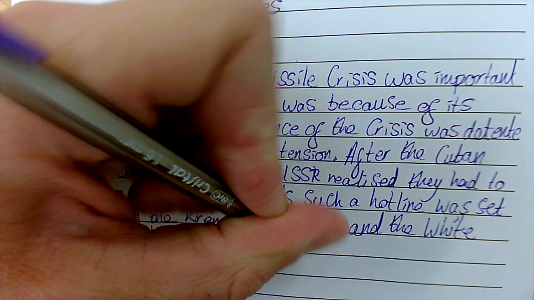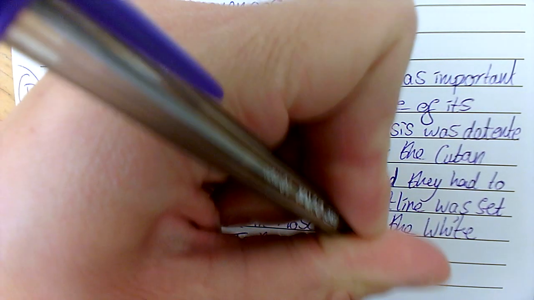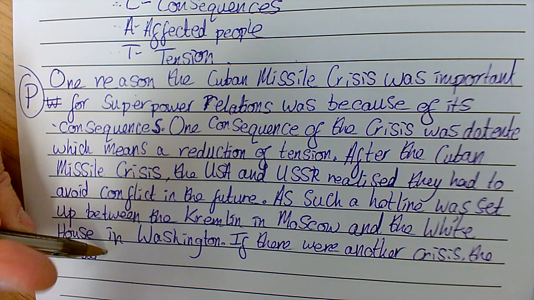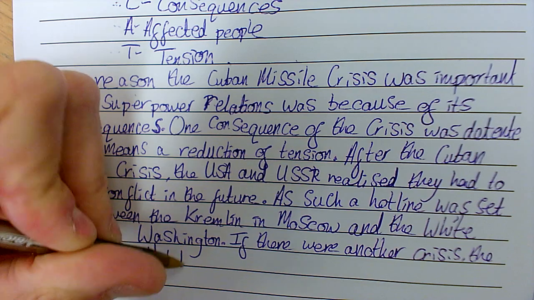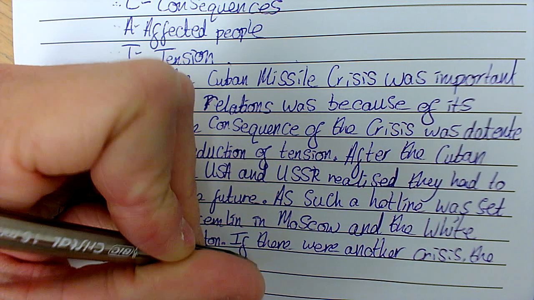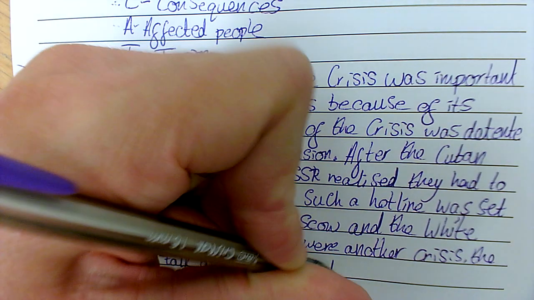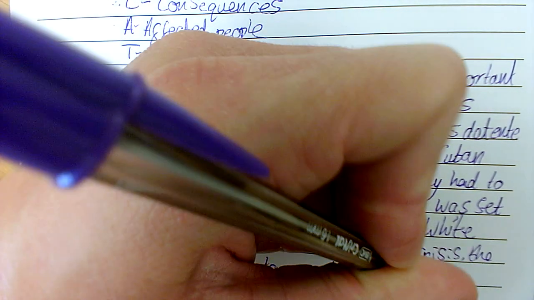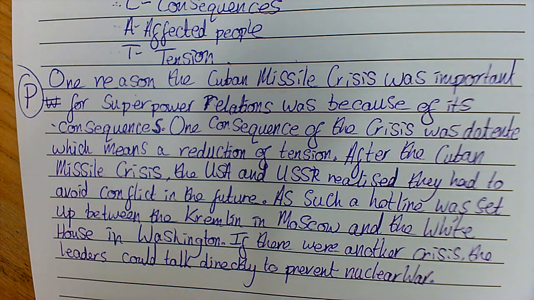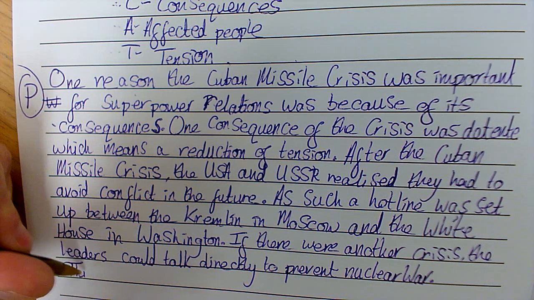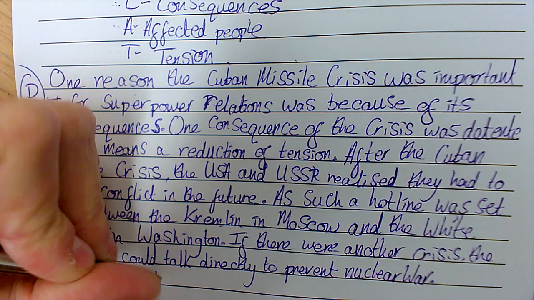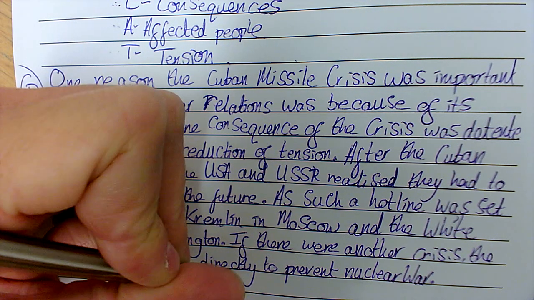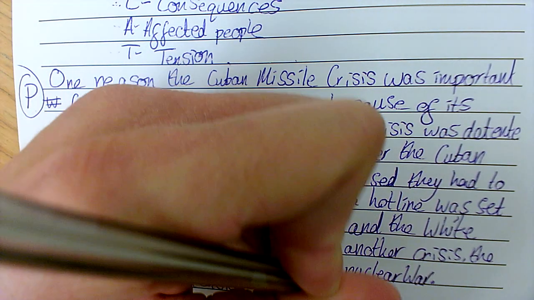If there were another crisis, the leaders could talk directly to prevent nuclear war. This meant that tension was reduced.